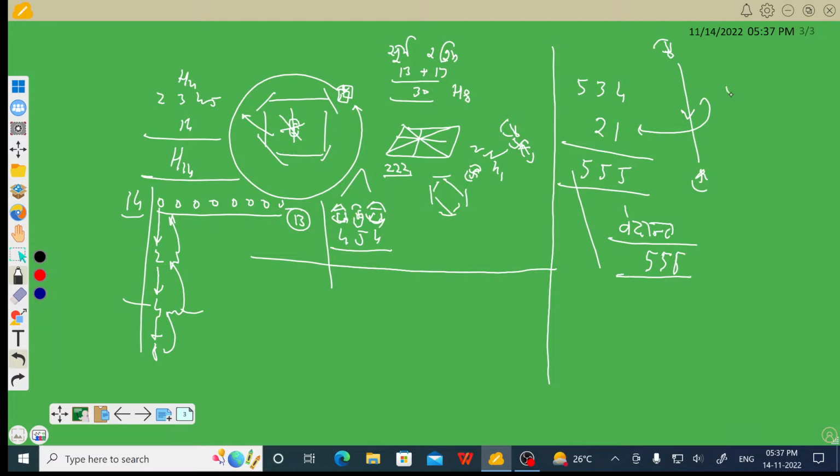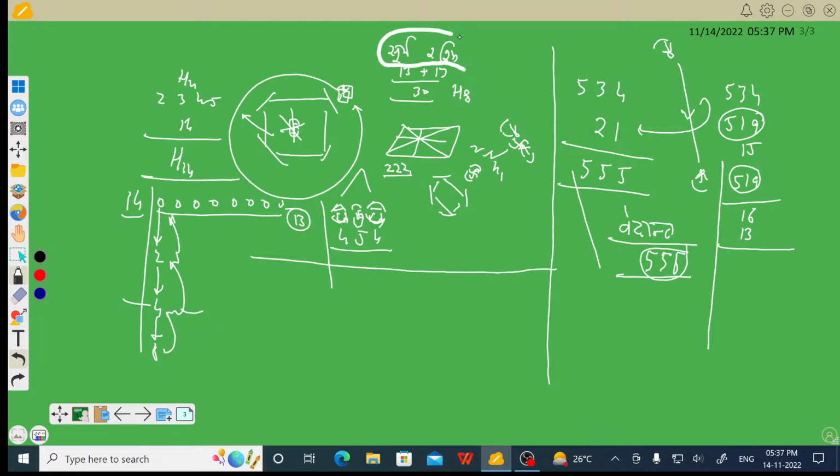Further, 534 is equal to 519 plus 15, and 519 is parallel with the total letters of all the 16 sutras and 13 Ganita sutras. As such, Vedic mathematics is Vedanta, and it is the happening within a Surya Rashmi.